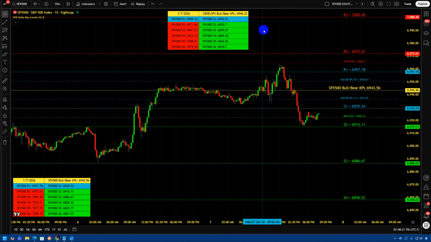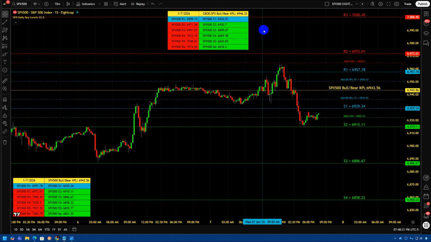So even though our indicator knows what the key levels are going to be at 9 a.m. Eastern, 30 minutes before the 9:30 open, it cannot display that on the CBOE SPX chart until the 9:30 a.m. open, the first tick of the open.